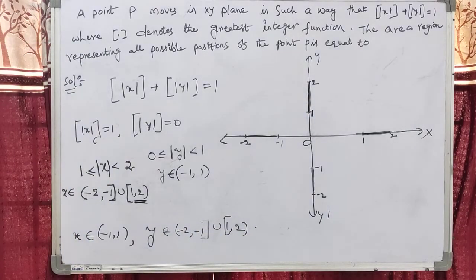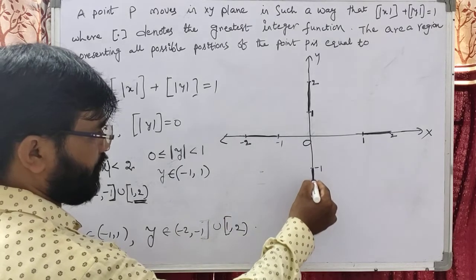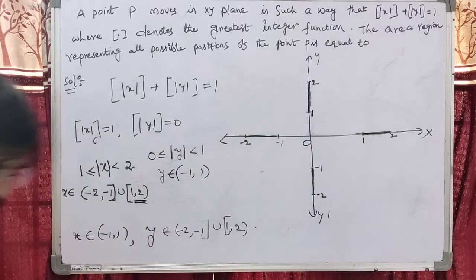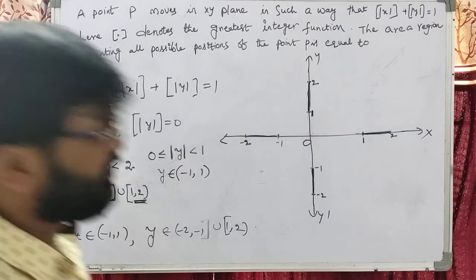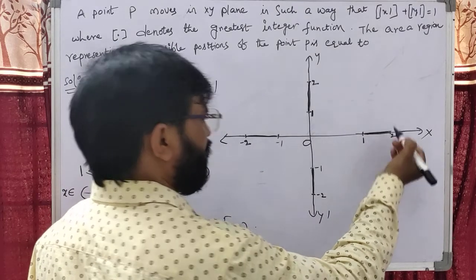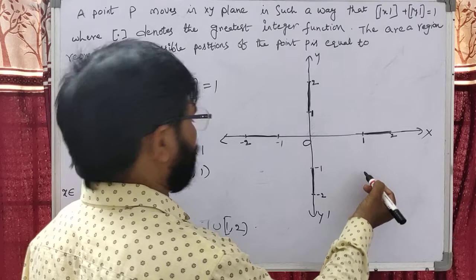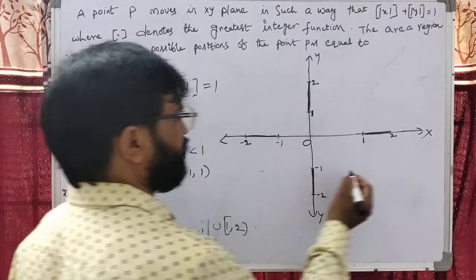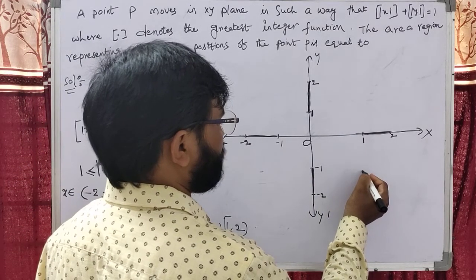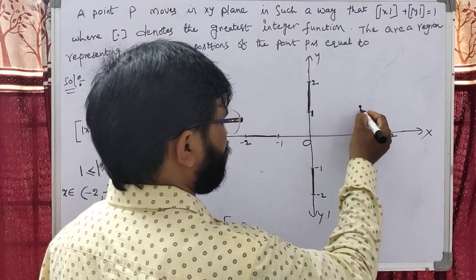Dear students, there is a small logic here. Here 1 to 2 we are taking, x will be 0. At the same time, we have to take any value between minus 1 to 1. When we take any value y between minus 1 to 1, then it will also become 0.